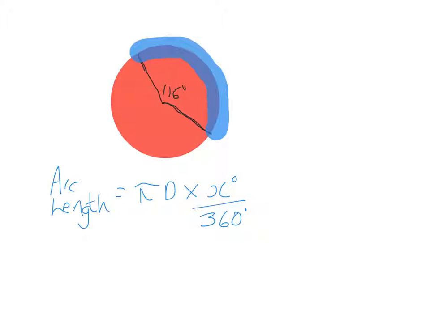Let's imagine the question just tells me that the circumference is 62.3 centimetres. So I'm not told what the diameter is.